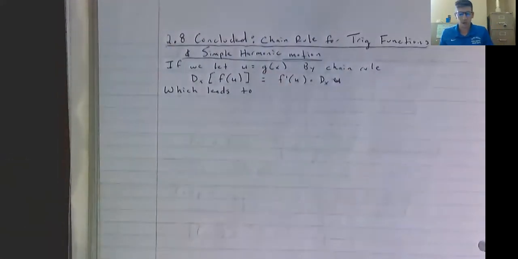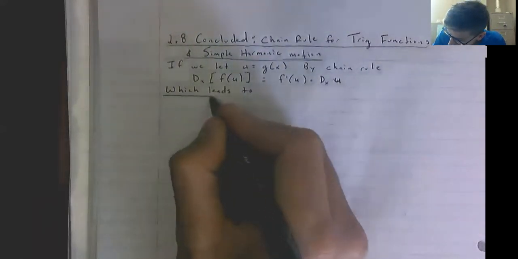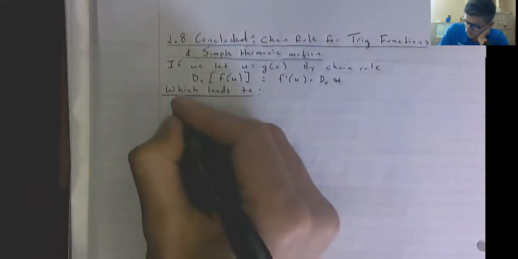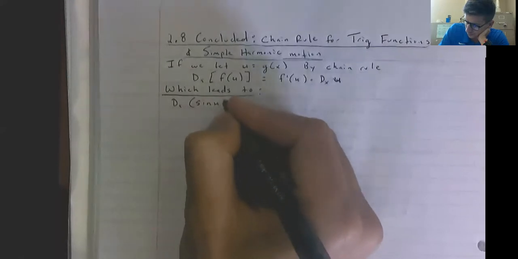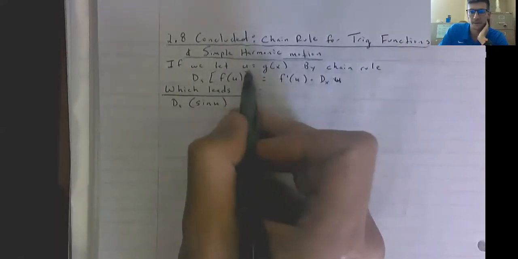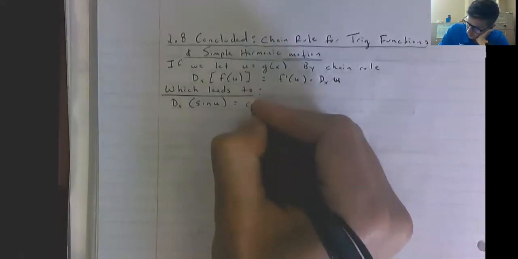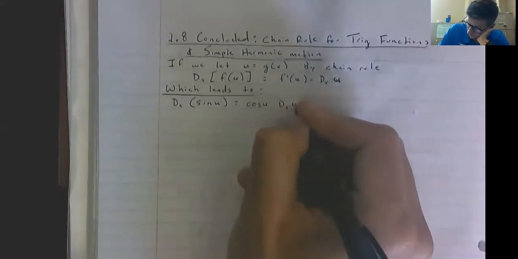the trig chain rule definitions. The derivative with respect to x of sine of u, again with u being defined as this function of x, is equal to the cosine of u times the derivative of u.